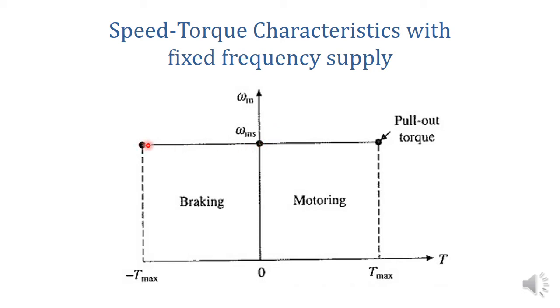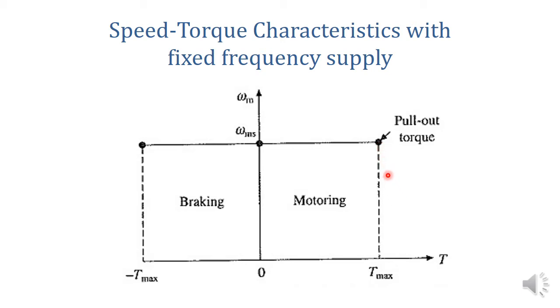So this straight line is the torque speed characteristic, this for motoring and this for braking. And this is the pull out torque, or maximum torque, above which the machine will go out of synchronism and may draw a large amount of current, and it may cause damage to the machine.